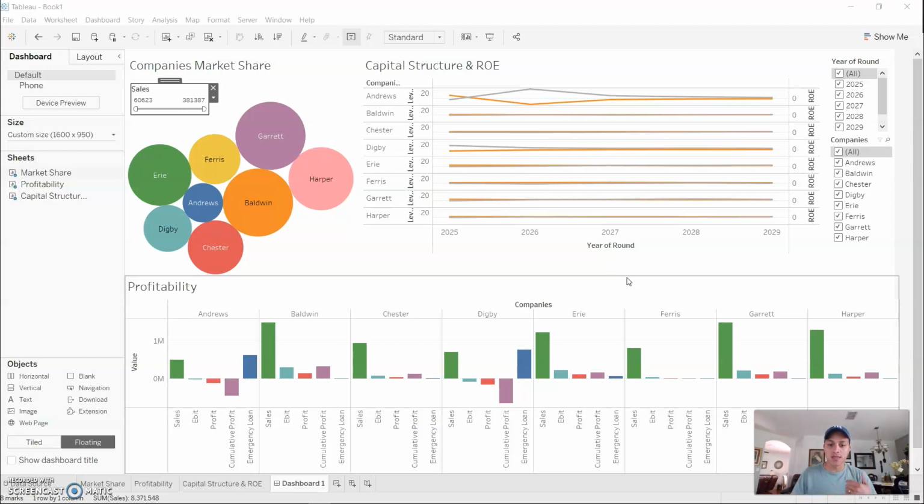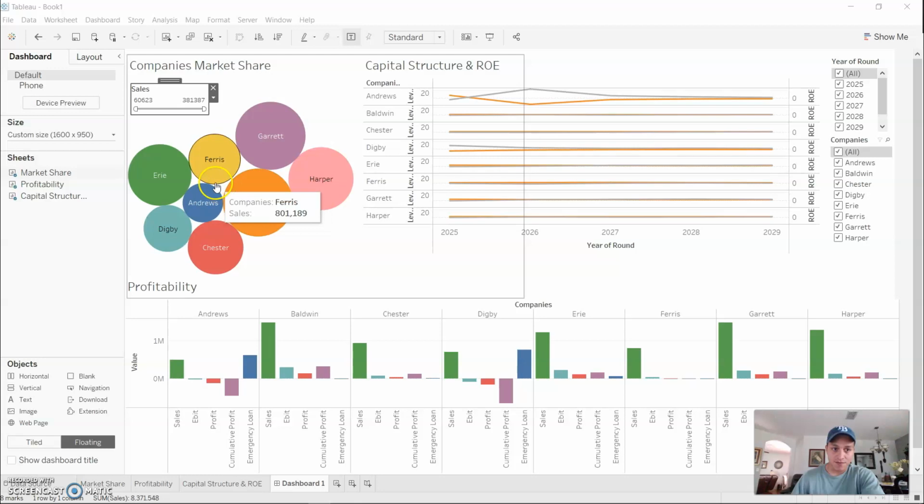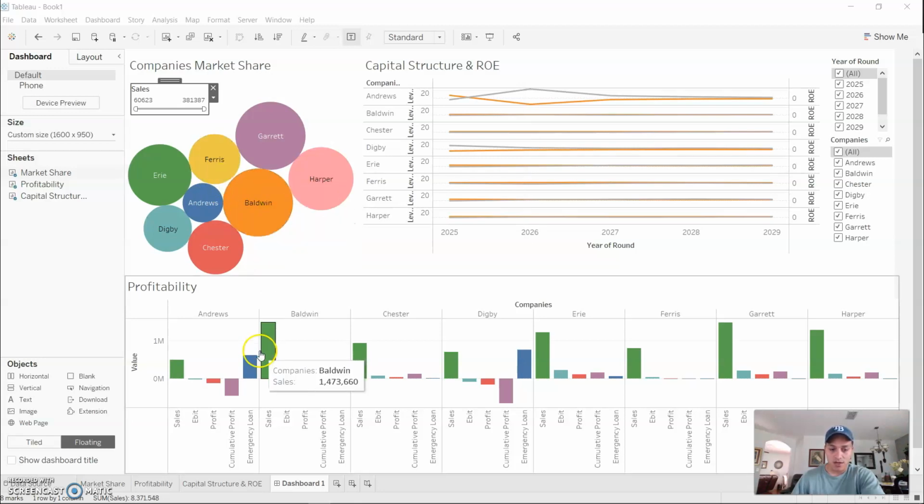more efficient than Digby. On the other hand, Baldwin in the profitability worksheet shows the strongest sales, which we already saw in the first worksheet of the market share, and at the same time shows the strongest cumulative profit across all the market.